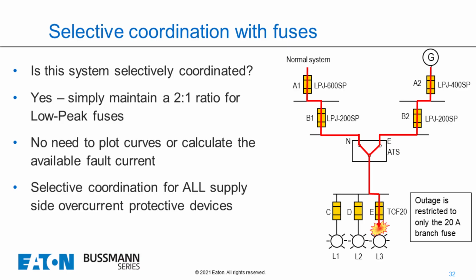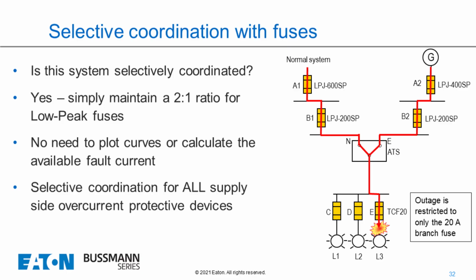So let's take a look at this. We've got a one-line diagram on the right-hand side. Am I selectively coordinated for these fuses on this type of system? This is an emergency system, so we have our generator for the emergency side, and we have the normal system.